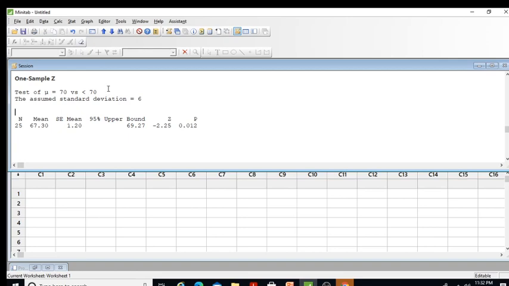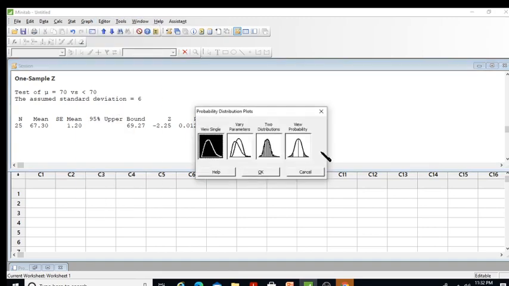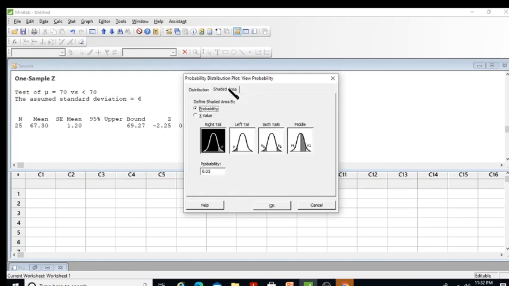So this is how we can do it, and we can plot these graphs to get the probability distribution plots. So let's say if you want to review that, for example, the Z value with standard deviation 1 and Z score, and you are interested in calculating the left probability for 0.05.